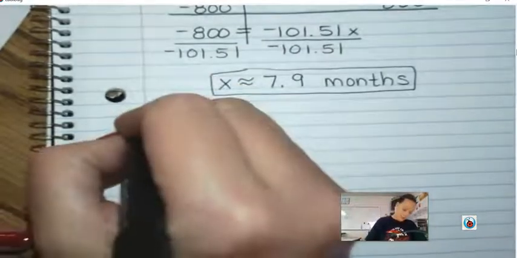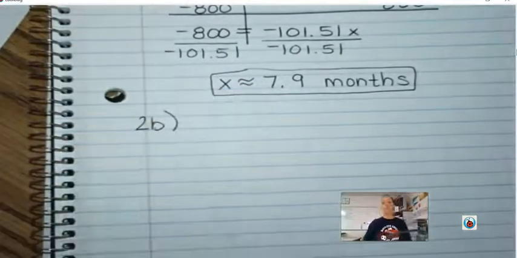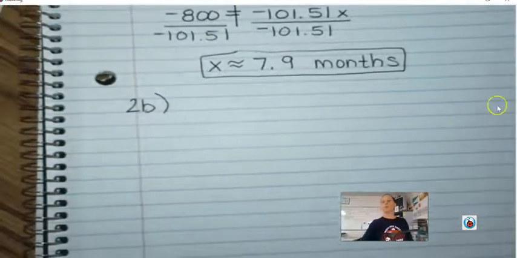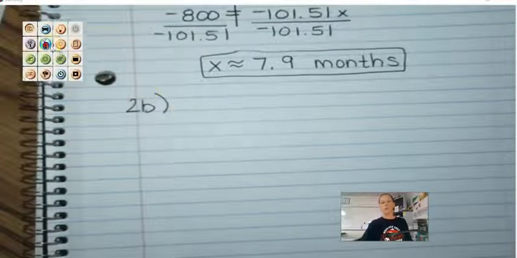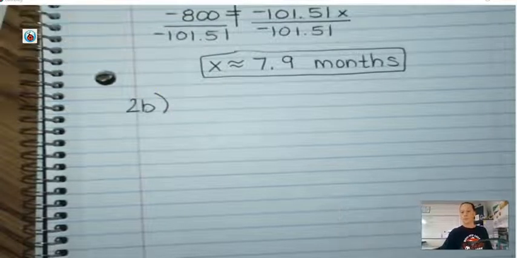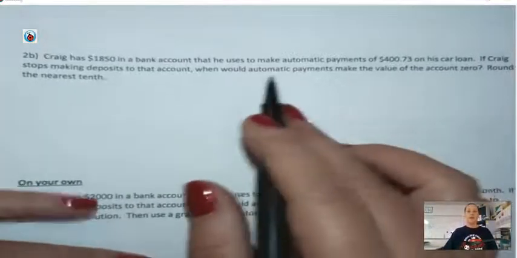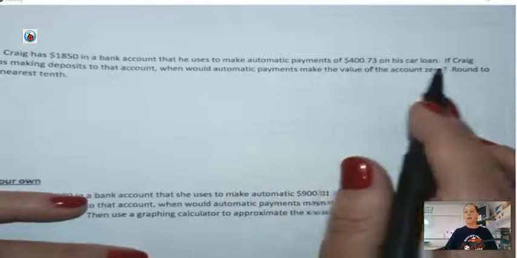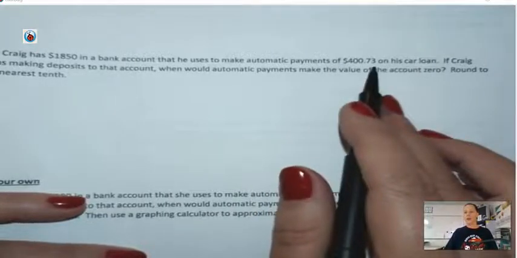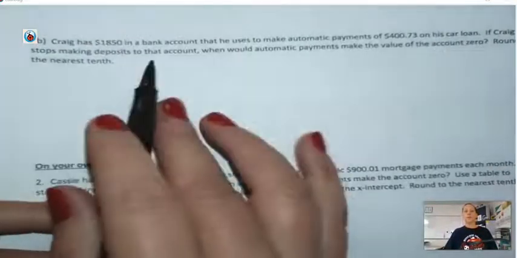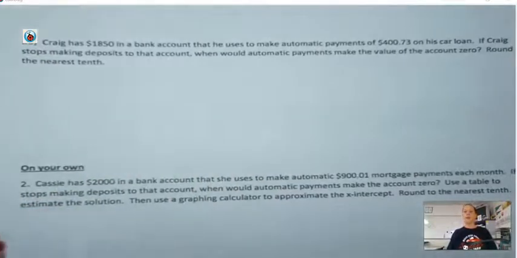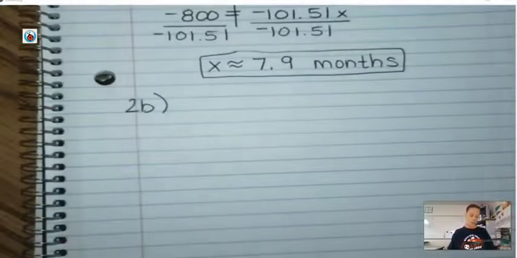Okay, let's try another one. Craig has $1,850 in a bank account, and he uses it to make automatic payments for his car loan of $400.73. If he stops making deposits, when would automatic payments make the value of the account 0, and round to the nearest tenth?